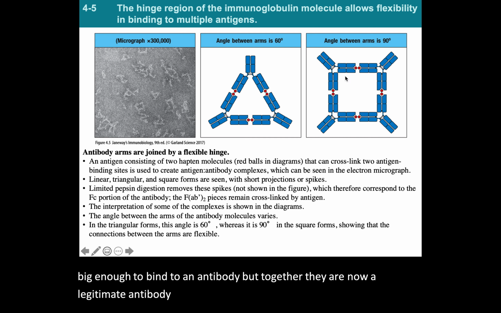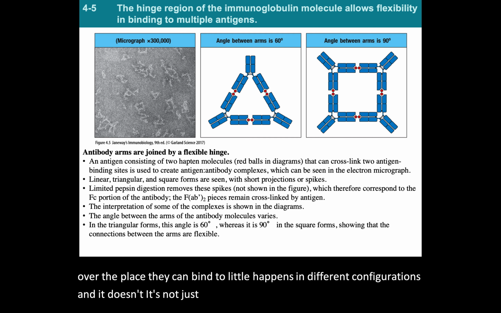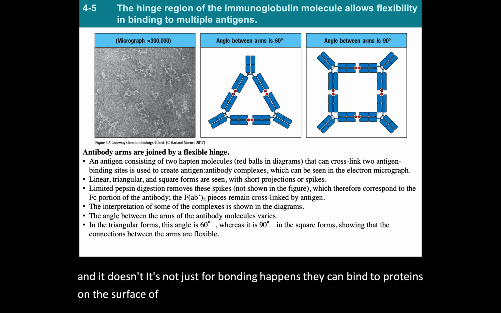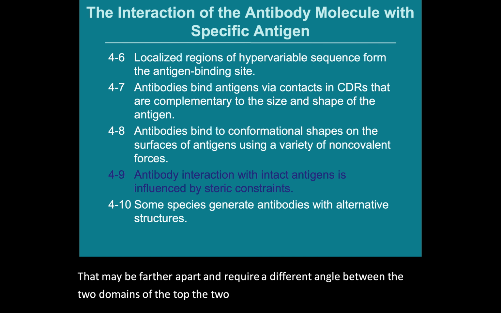And so since these arms can bend and flex all over the place, they can bind to little haptens in different configurations. And it's not just for binding haptens. They can bind to proteins on the surface of a virus, for example, that may be farther apart and require a different angle between the two domains at the top, the two FAB domains.